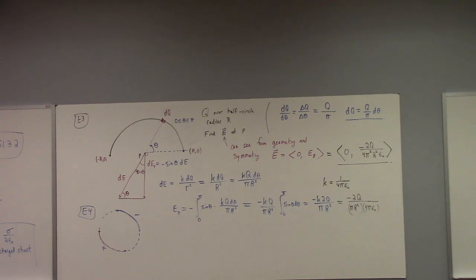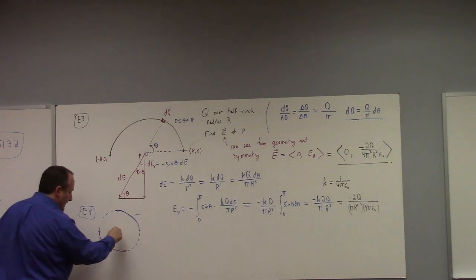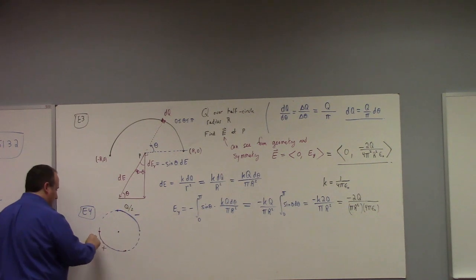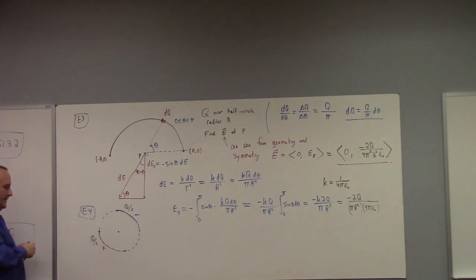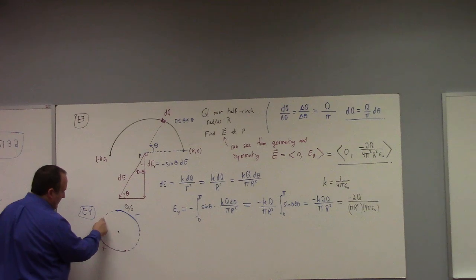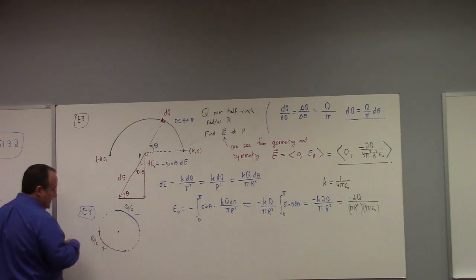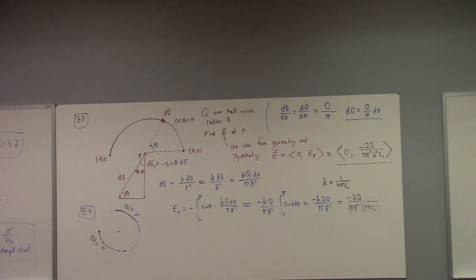I forget the rest of the problem, but suppose this is Q over 2 and Q over 2. To be clear, there's no charge over here. There's just charge in the part I've shaded. So there's 2 quarter circles, each with half a charge.